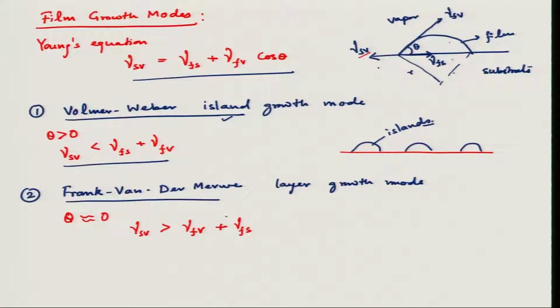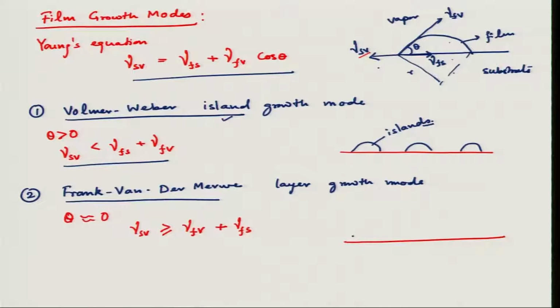So it is higher than these two energies combined, because when you have this layer growth, you are eliminating this surface and you are creating these two surface energies, right. So what would happen for the deposition?